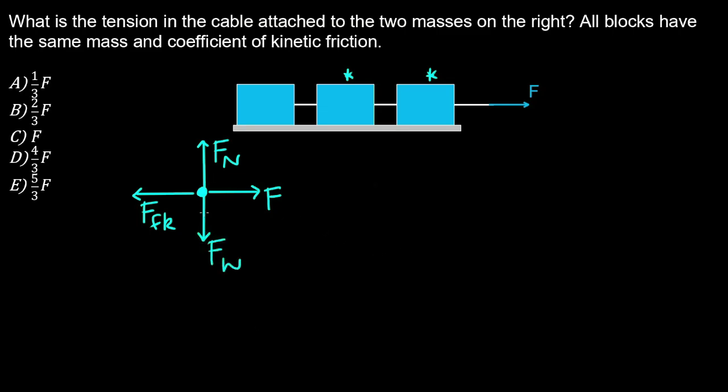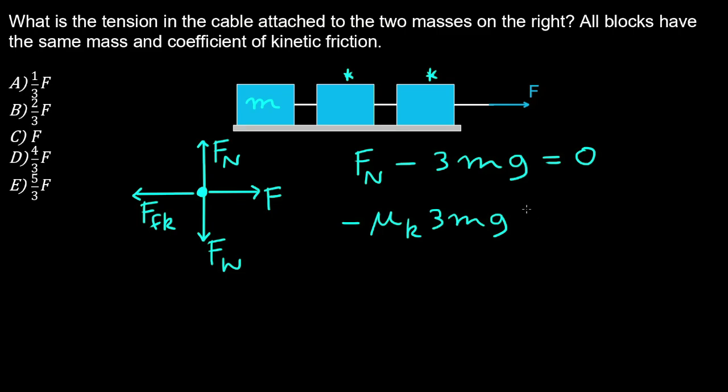So applying Newton's first law in the vertical direction, we have the normal force minus the force of weight. So if we take the mass of each block as m, we have 3 blocks by m, where the gravitational acceleration is equal to 0. And applying Newton's second law in the horizontal direction, we have the kinetic friction force acting to the left, which is a kinetic friction coefficient by the normal force, which is 3 mg, plus F is equal to the mass of the system by the acceleration.